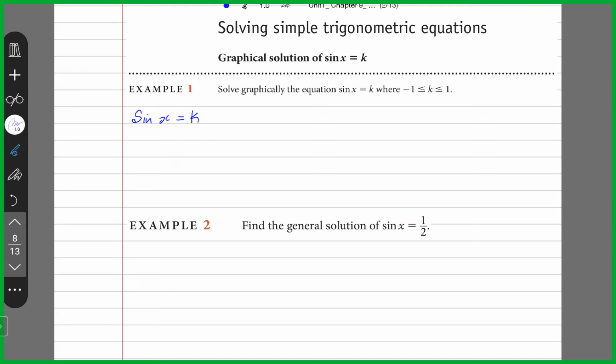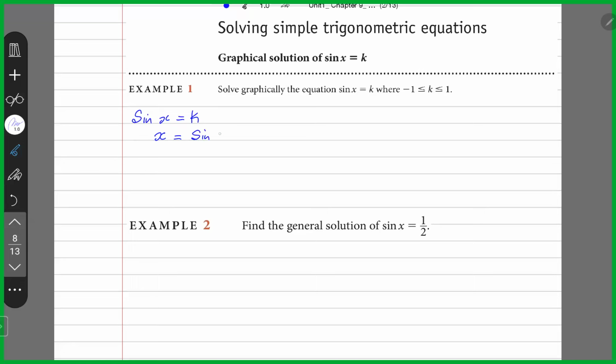All right, so let us say that k is positive. So if the sine of x is equal to k, it's an equation that we need to solve. The unknown here is x. We need to determine what the value of x is. Now, if I know the sine of an angle, to find the angle x, I need to use sine inverse.